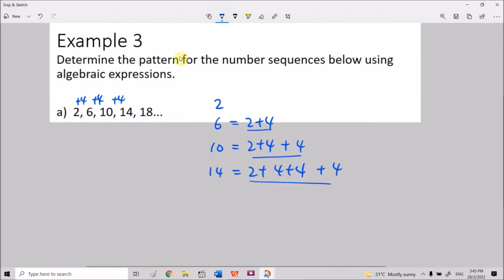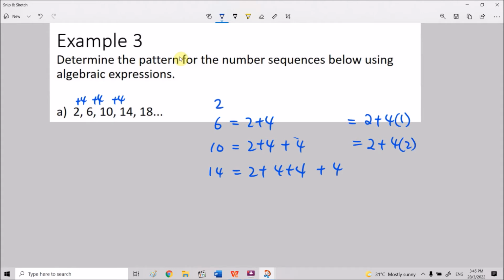And now you can see that the pattern is 2 plus 4, because since there is one 4, there's only one of them, so you times 1. We have two 4s here, it becomes 2 plus 4 times 2. Then we have 2 plus 4 times 3, because there are three 4s.